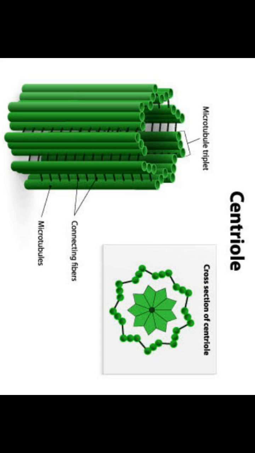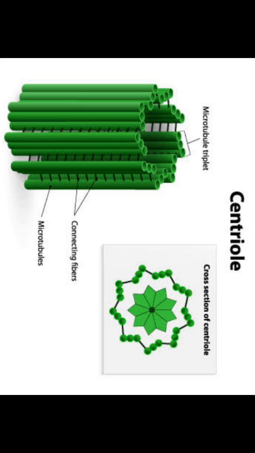In the previous diagram we have seen doublets of microtubules. Two microtubules lie side by side as a pair called a doublet in the cilia and flagellum structure. But here in the centriole, 3 microtubules lie side by side and form a triplet. How many triplets are present peripherally? Exactly 9, evenly spaced.